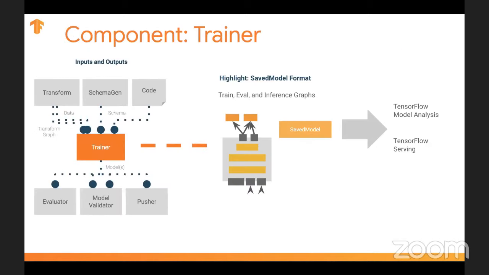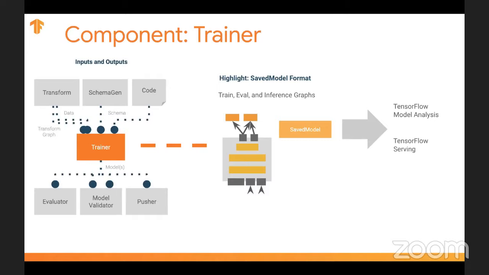Trainer is really all about training a model. So it's going to be using TensorFlow to do that, at least in the basic form. And it's going to use the results from transform that we just looked at. It's going to use the schema that was generated. And it's going to produce a result as a saved model, which is a standard format for saving a trained model.